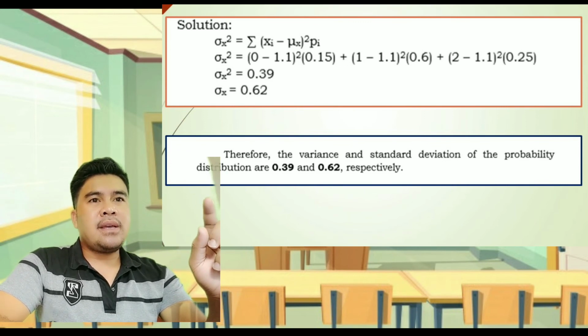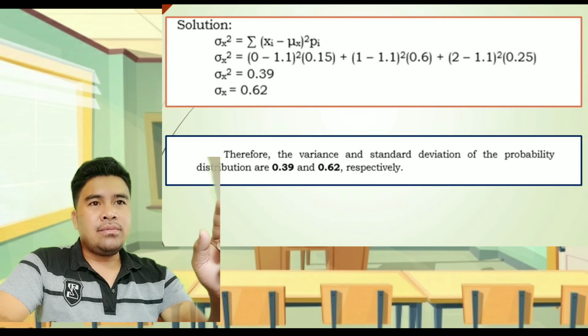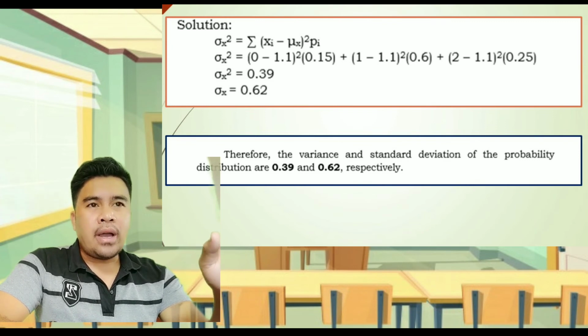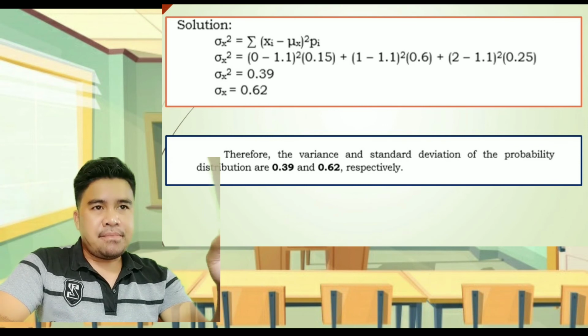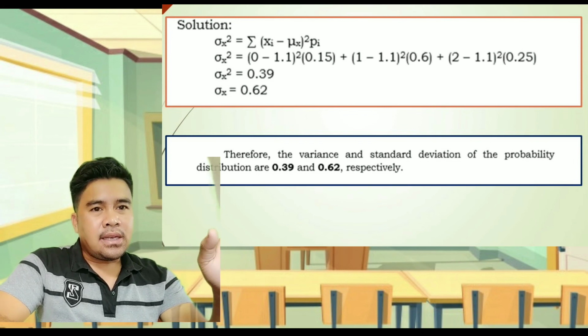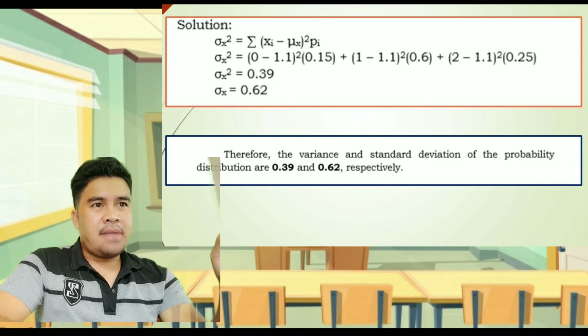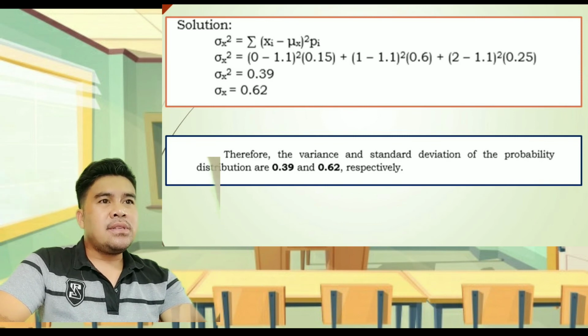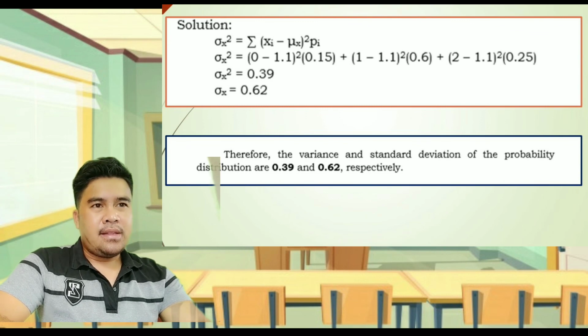We have x sub i 0 minus our mu 1.1, squared, times our p sub i, 0.15, plus 1 minus 1.1, squared, times 0.6, plus 2 minus 1.1, squared, times 0.25.